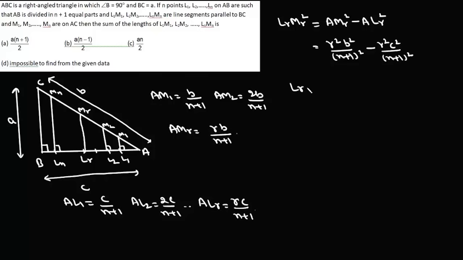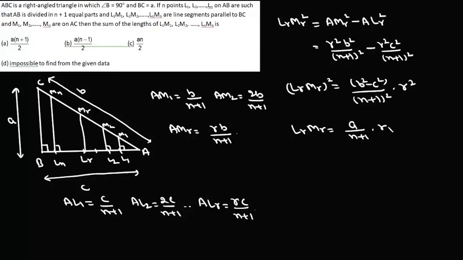So we can write LrMr square will be (b square minus c square) upon (n plus 1) whole square into r square. Now b square minus c square is nothing but a square. So this length LrMr will be simply a upon n plus 1 into r. Now we need to find the sum of all these lengths.